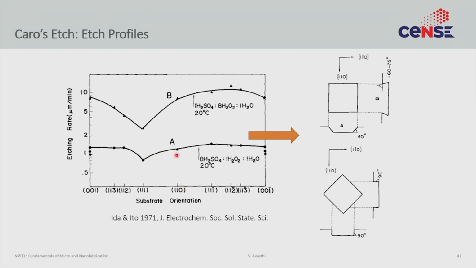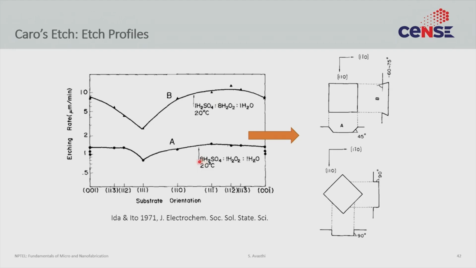And this difference is amplified, and the etching rates are also different for the A face and the B face. The B face is the one that is coated with arsenic, which tends to be more reactive, and because it's more reactive, the etching rate tends to be higher. And you see that for all faces, or in fact for all concentrations, whether it's more H2O2 or more H2SO4, you do tend to get this anisotropy.